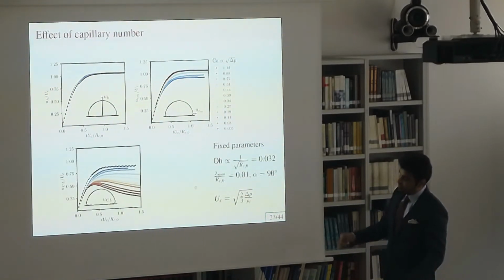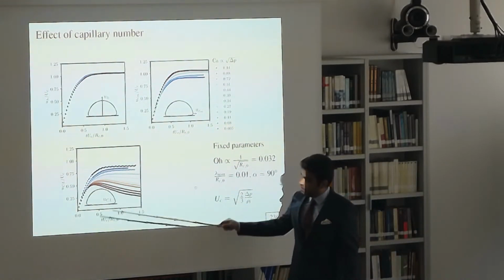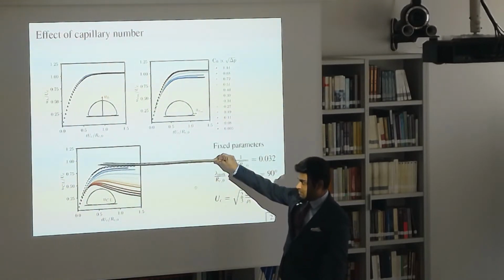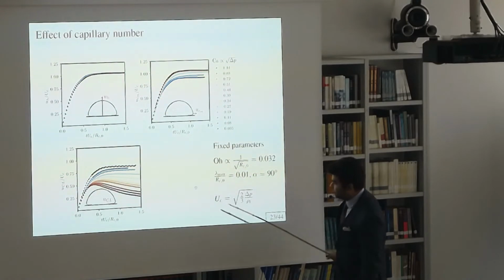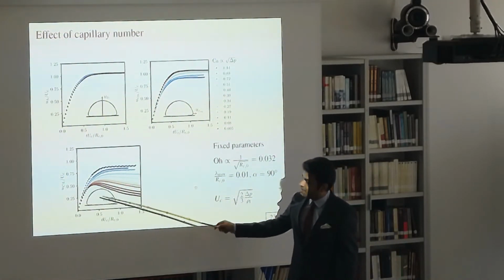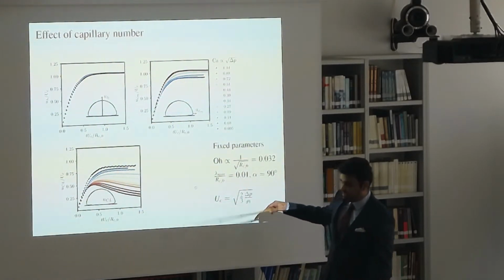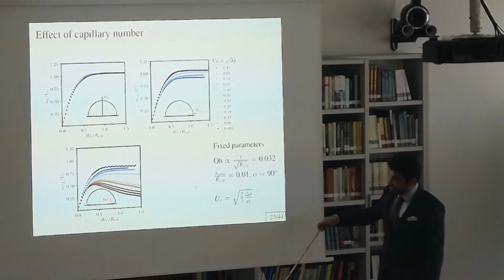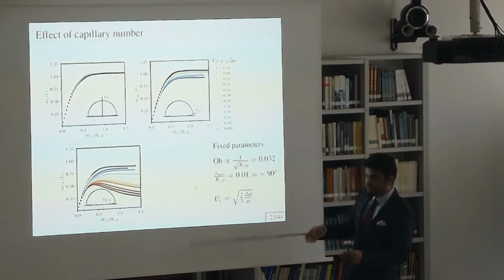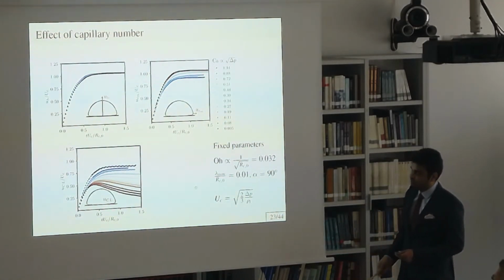The more difficult to describe, or interesting, is the contact line velocity, where we see that at small capillary numbers, this velocity is quite close to the Laplace velocity, whereas for large capillary numbers, it increases and then decays in time. And the difference between the velocity of the contact line and the bubble width governs when the microlayer is formed, or the rate at which the microlayer is forming.